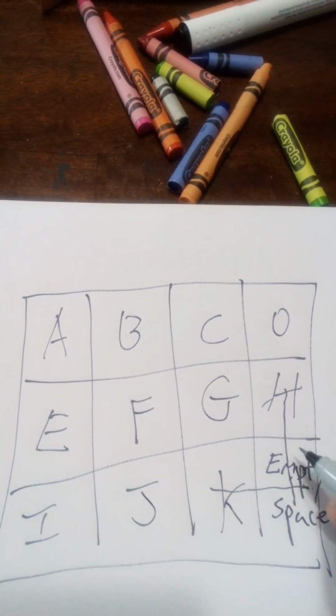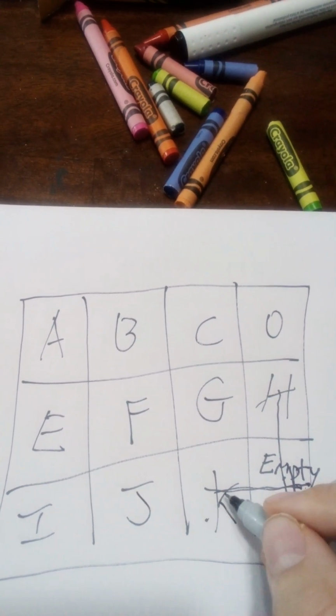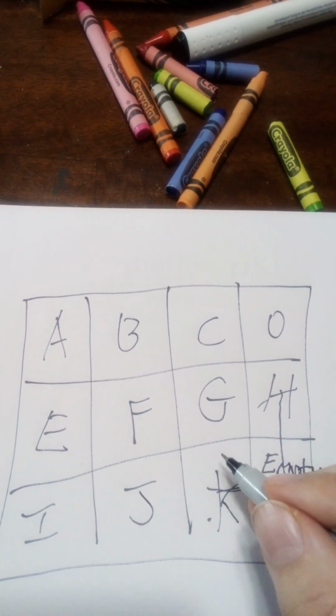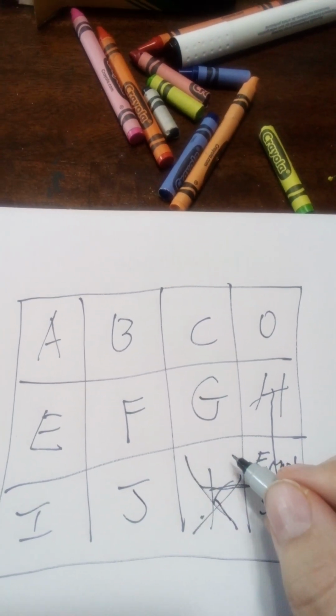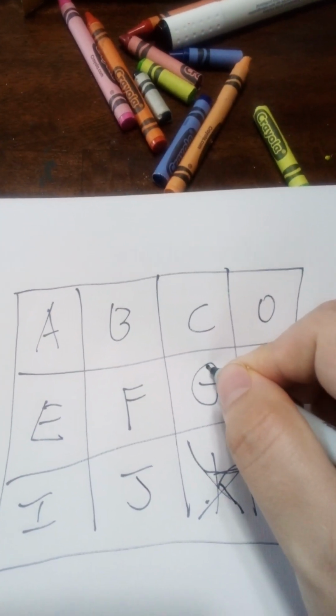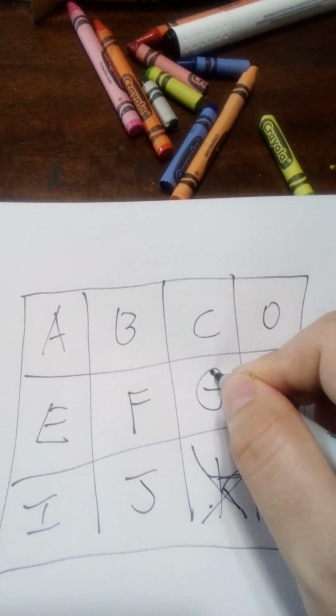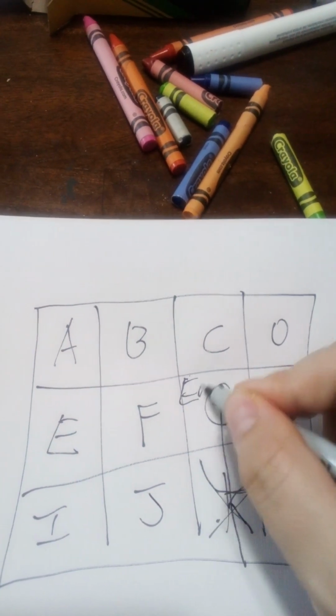So when you're dealing with sliding that over, let's say you choose K. Now let's say that you now have this as the empty space. So you're going to move. Let's say you're still trying to solve it, or you're trying to scramble it, you're going to put the G in, and then this is the empty space.